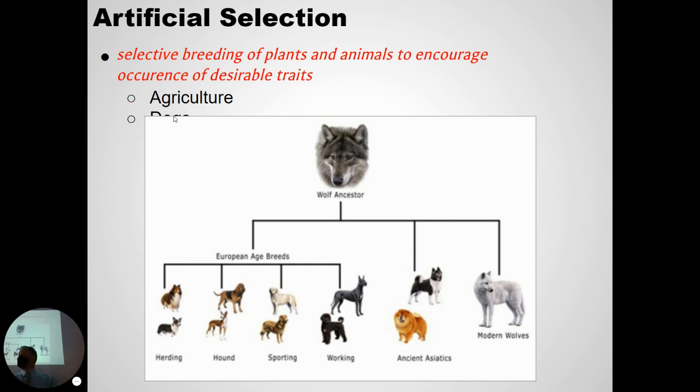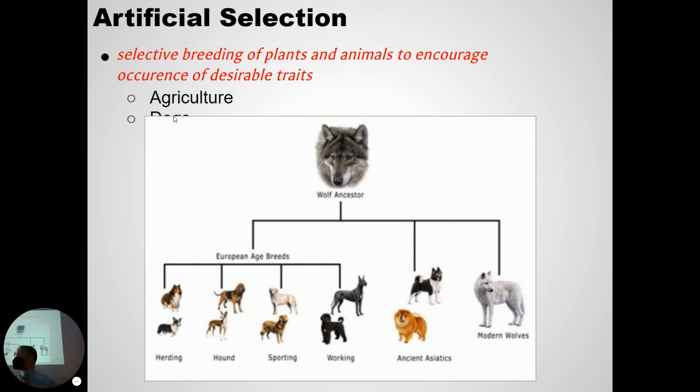Humans have produced all modern dog breeds over the last few hundred years by selecting which ones they're going to breed together. And that's why, when I was a kid, there weren't golden doodles that people knew about.